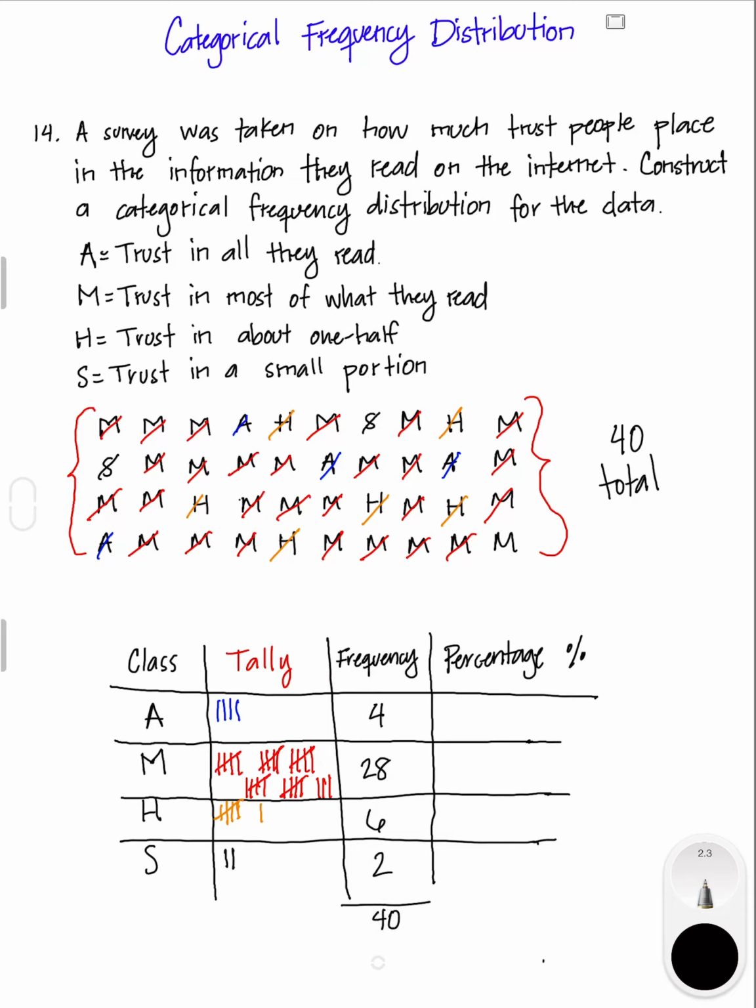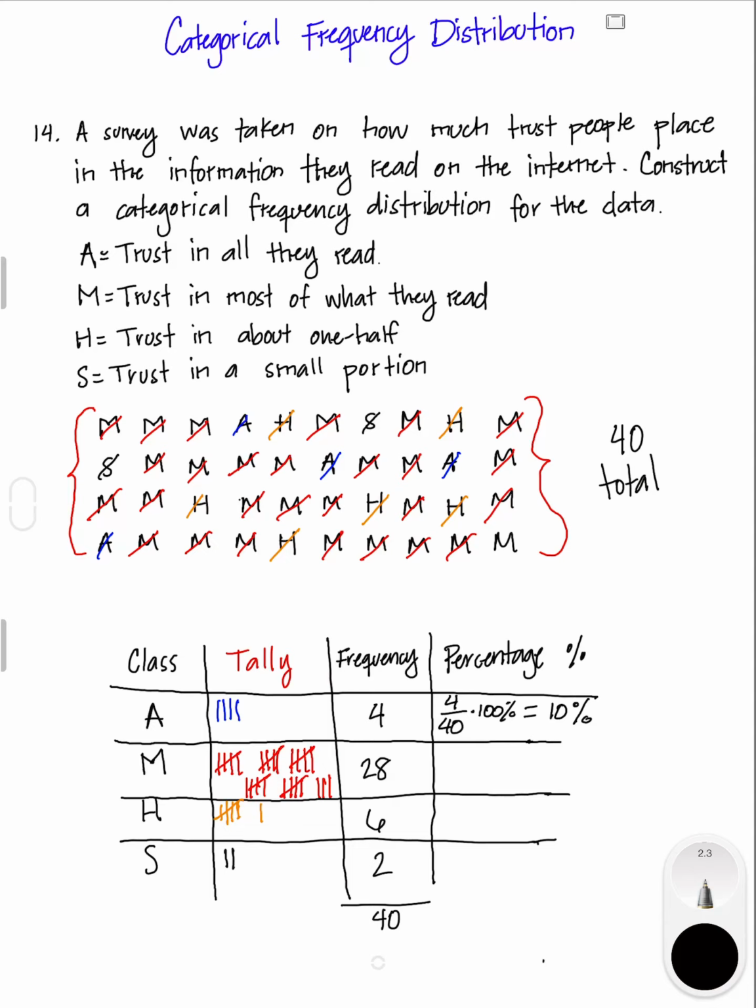Okay? And for our percentages, basically what we're going to do is take the frequency for each class divided by 40, which is the total, and then multiply times 100%. So 4 over 40 times 100%. If we do 4 over 40, that will be 0.1, and then times 100, that's basically 10%.